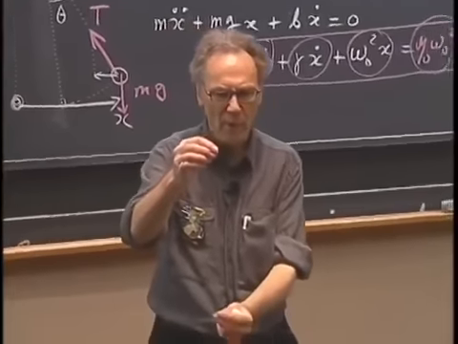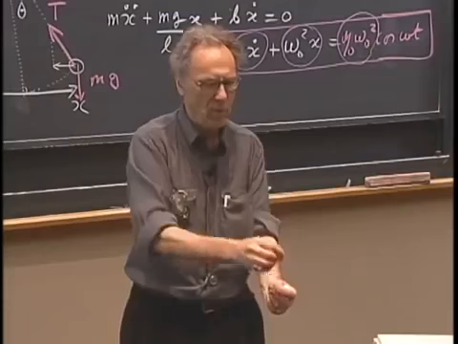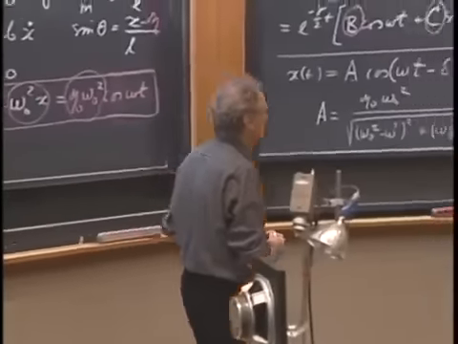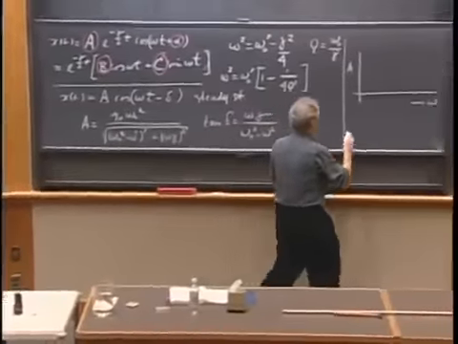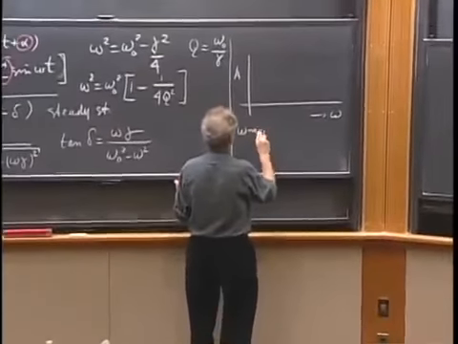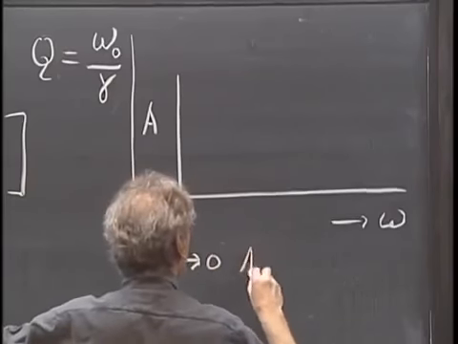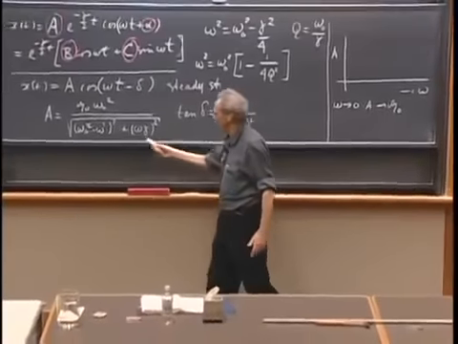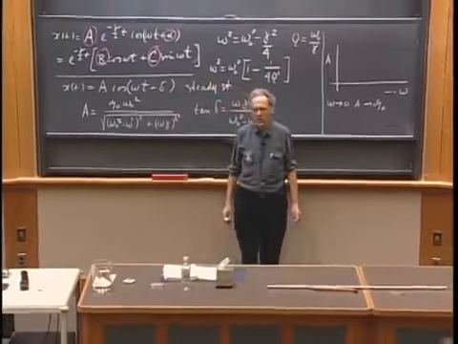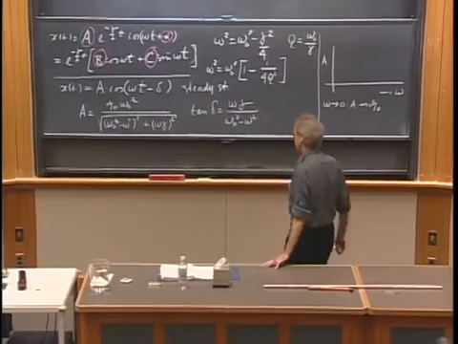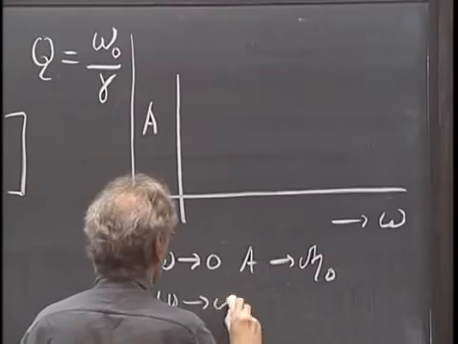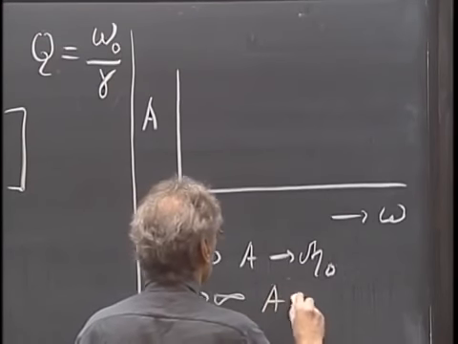If it takes me 1 week to go from here to here, then of course the pendulum is always hanging below my hand. So when omega goes to 0, I can always check the result here that A must go to eta 0. And indeed, if you put in omega equals 0, you will see that is the case. If omega goes to infinity, then A goes to 0.